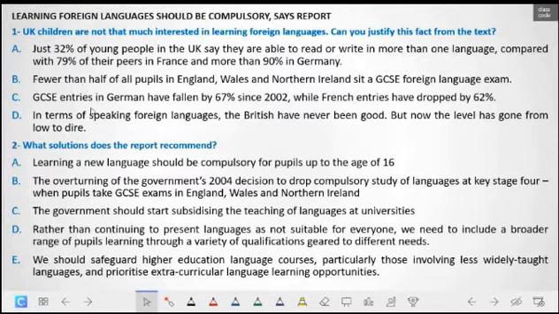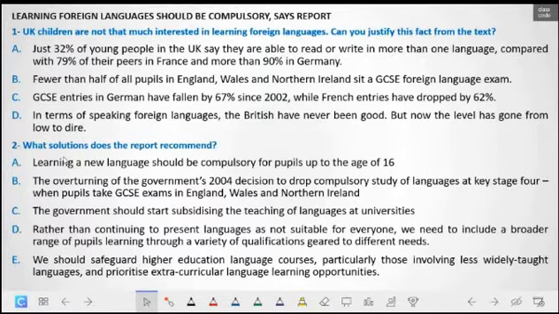GCSE entries in German have fallen by 67% since 2002, while French entries have dropped by 62%. In terms of speaking foreign languages, the British have never been good, but now the level has gone from low to dire. Dire here means worst.